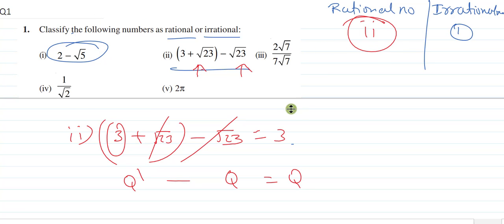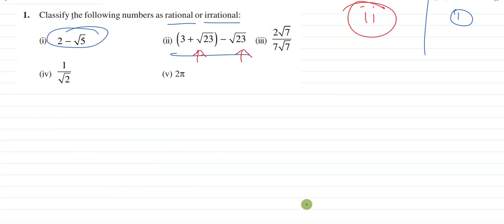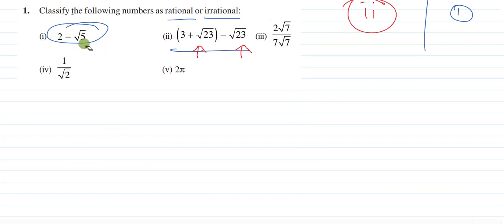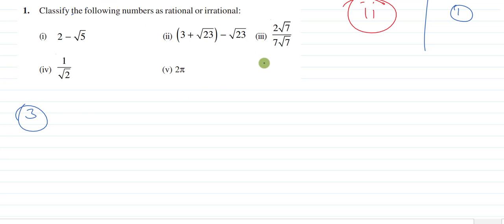Now start with the third one. What will be the third answer? Here if I write the third question, to check this, let me write. Numerator is an irrational number.